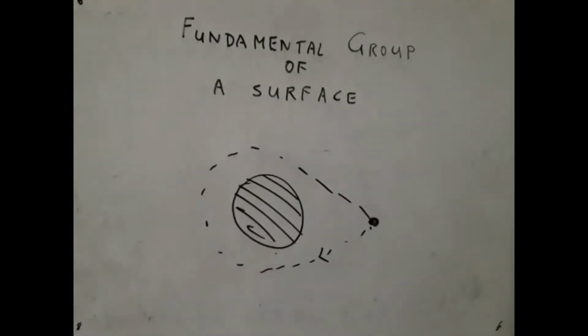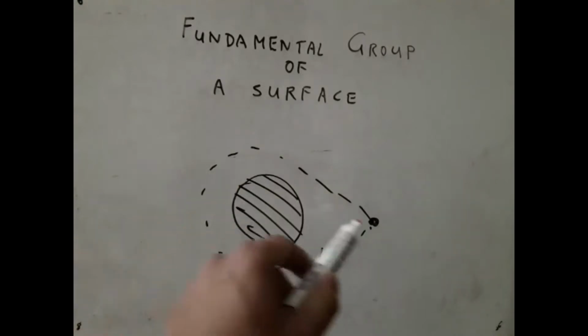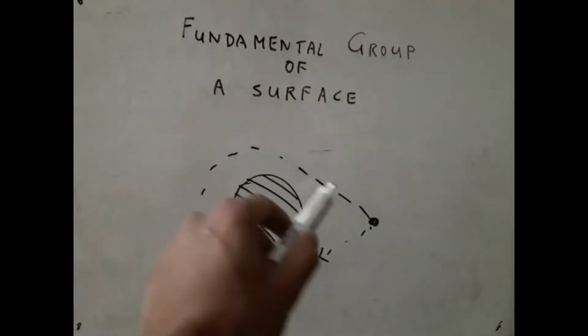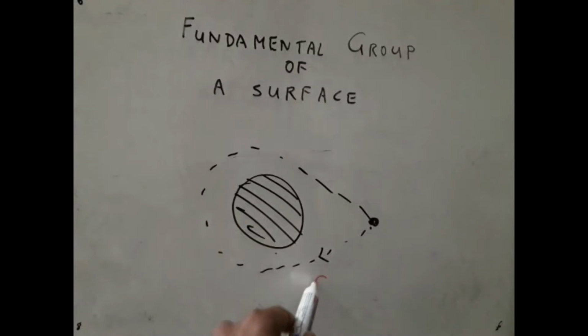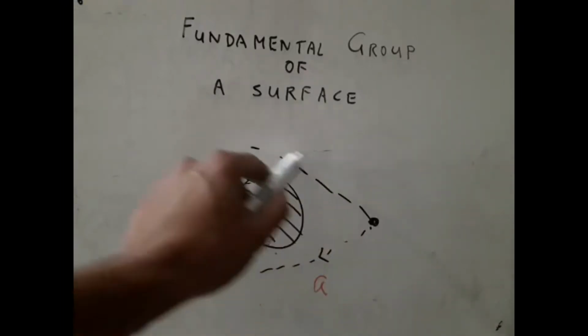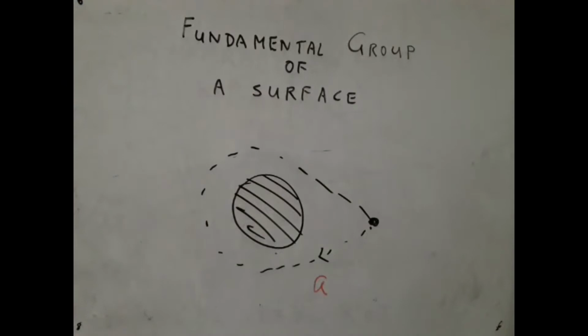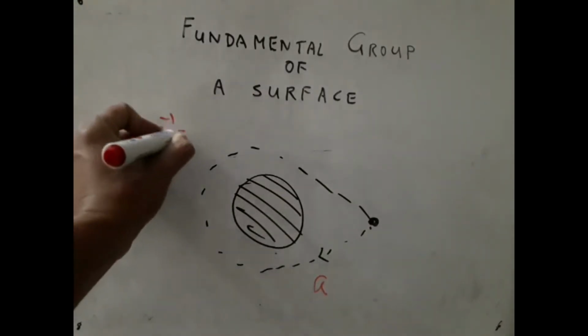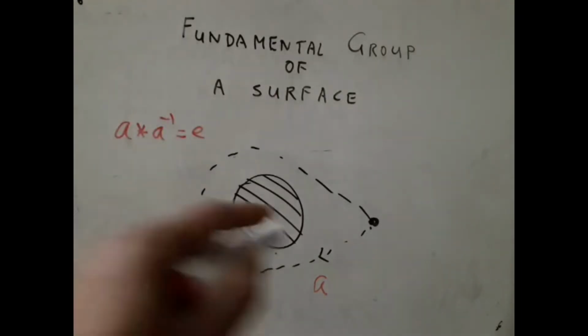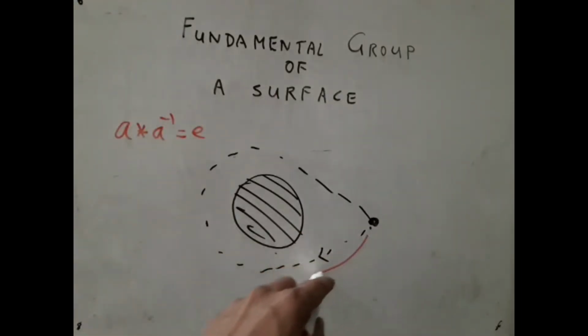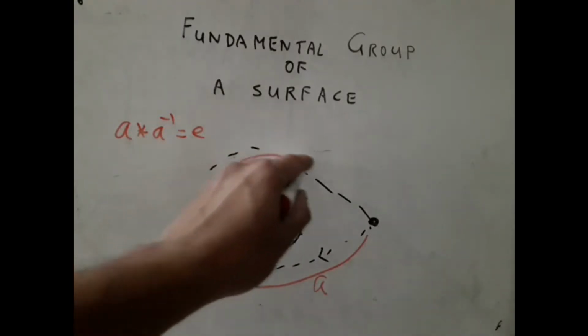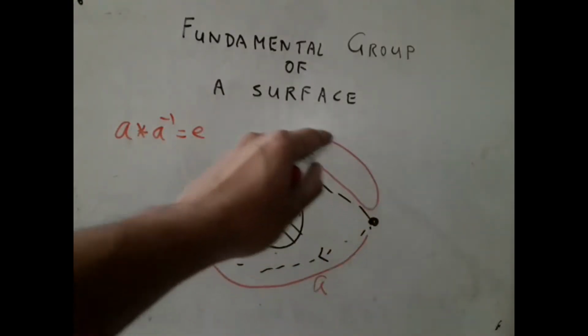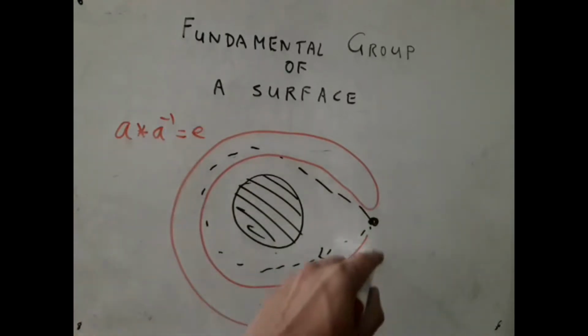If this point is not clear, let me give you a clearer example. Suppose this is a hole in the surface and this is a path whose inverse I am computing. Suppose it is A, then its inverse is A inverse, the same path traversed in the opposite direction. I am going to convince you that A star A inverse is indeed identity. So A, I first do this, I arrive here and then I am doing A inverse, I am coming back like this.